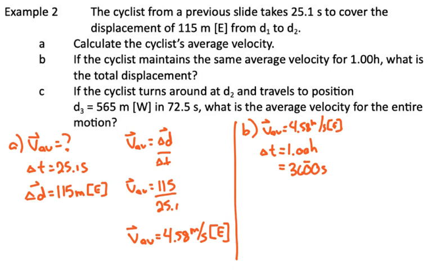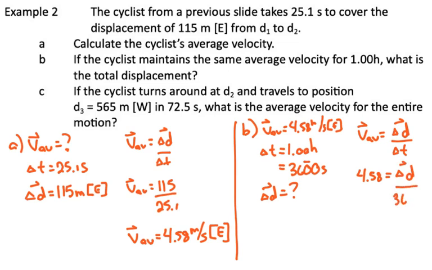The question is asking, what is the total displacement? So what is delta D? Same equation. This time we know VAV. We do not know delta D, and we do know delta T. Again, as with the speed version of this equation, we'll cross multiply.